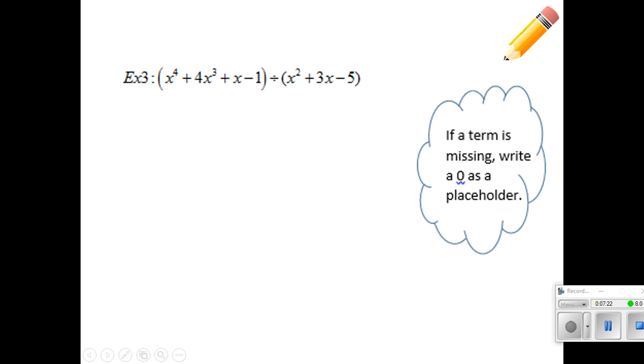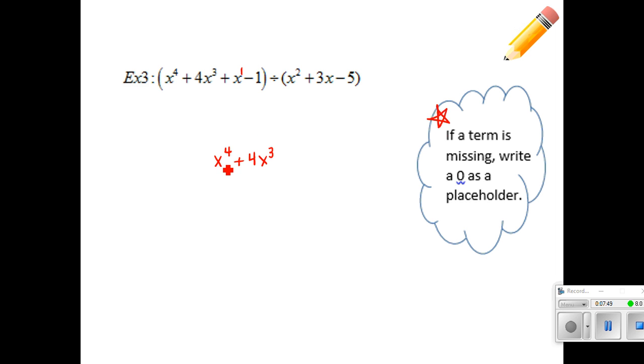Okay, all right, let's do another one. We have x to the 4th plus 4x to the 3rd, and it skips to an x to the 1st. That's a problem. If a term is missing, in either spot, you have to write 0 as a placeholder.